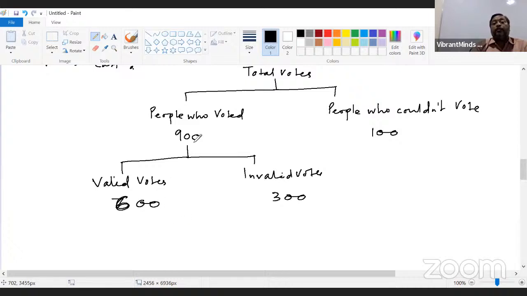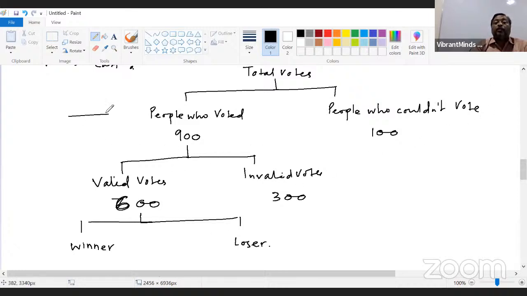Again, you see, 66.66% of the 900 votes is valid, and 1 by 3, that is 33.33%, is invalid. In these valid votes, we will have our winner and our loser. So understand this.